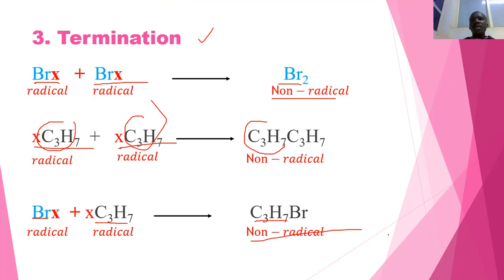Then again, the propyl radical that we have formed will now react again with the bromine diatoms. That is bromine to bromine, where in that case it will form the hydrogen bromide plus the bromine radical. I want to get that clear. Those 4 radicals now will react in termination to form the non-radicals of the respective compounds.